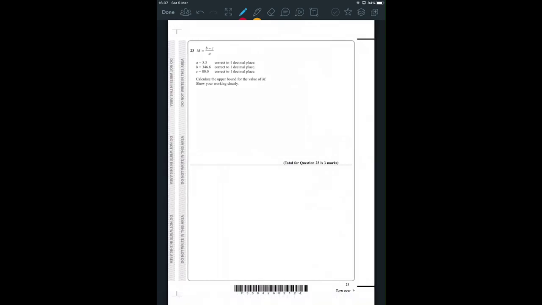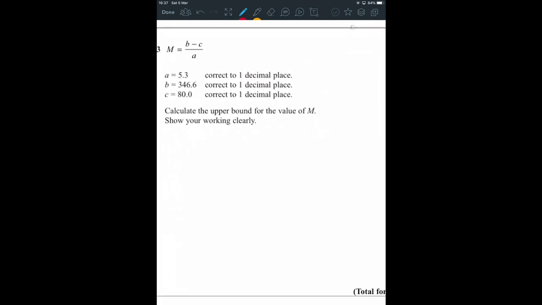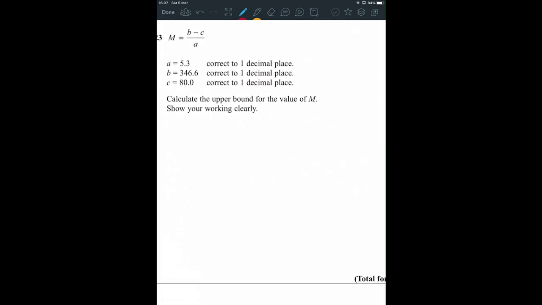Question 23, bounds. We have a calculation for m. I'm a big fan of writing all the bounds first. So my bounds for A, 5.25 to 5.35. My bounds for B, 346.55 to 346.65.